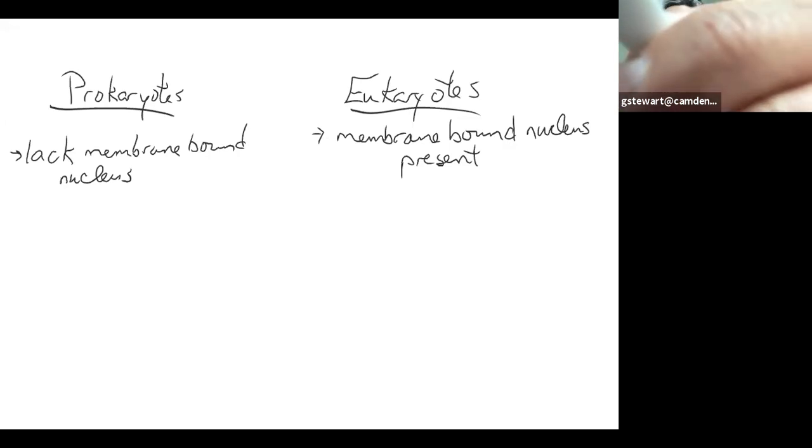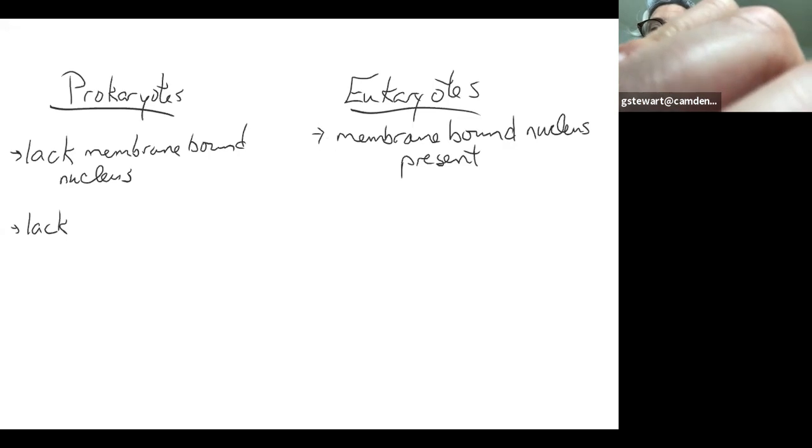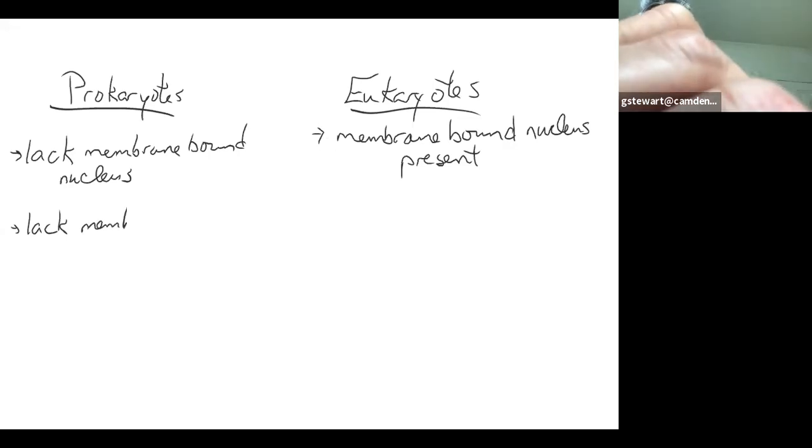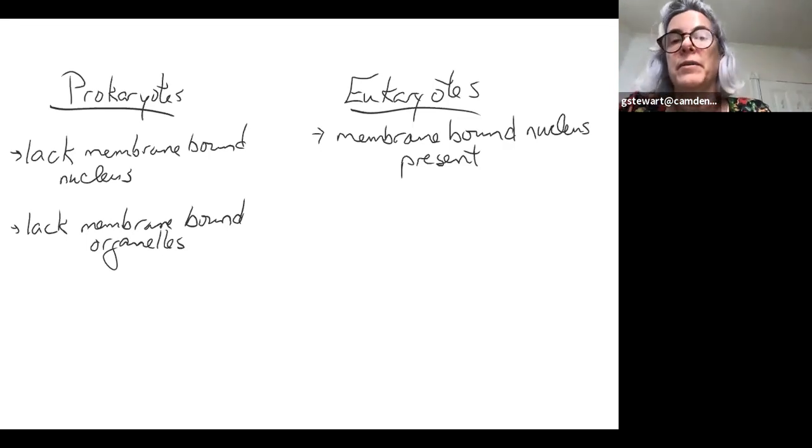Not only do prokaryotes lack a membrane-bound nucleus, they also lack any other membrane-bound organelles. So be careful here, right? Membrane-bound organelles. That means they don't have a chloroplast, they don't have mitochondria, they don't have endoplasmic reticulum, but it doesn't mean that they can't make proteins or that they can't turn light into ATP.